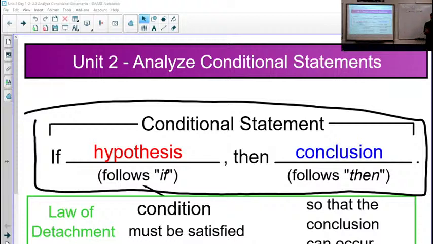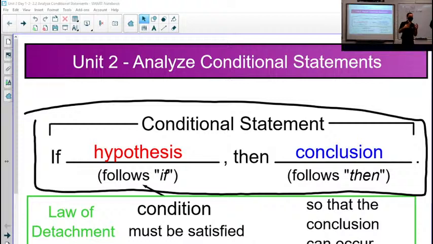So the structure that we're going to follow is if I tell you something about a geometric term or about someone, then the conclusion that you can guarantee me has to be true.